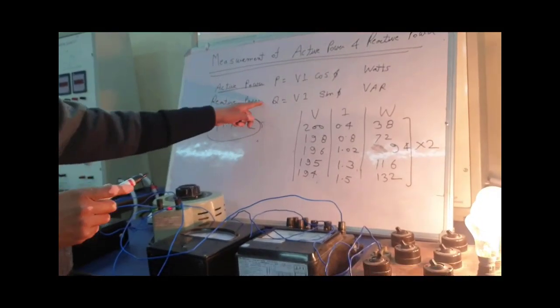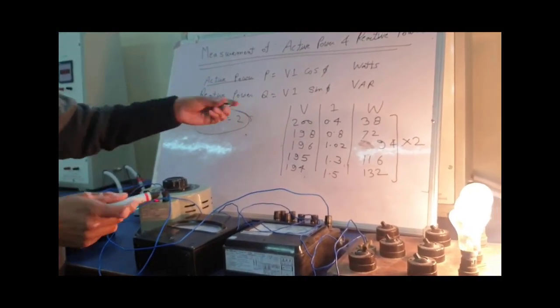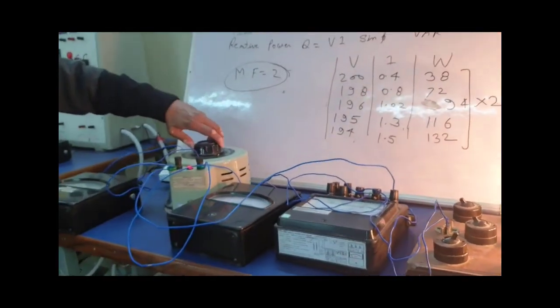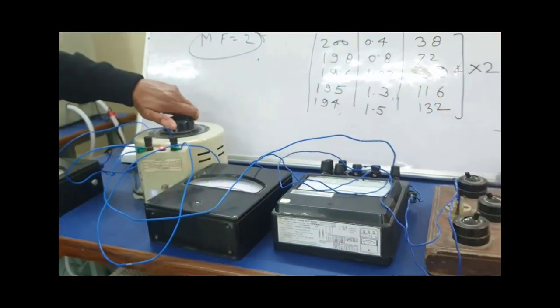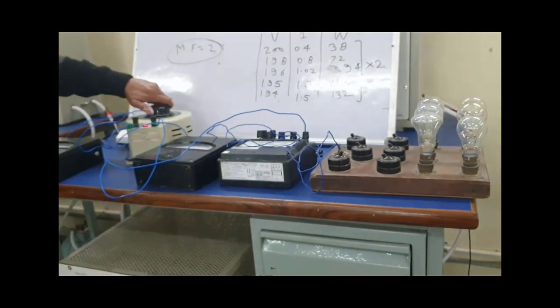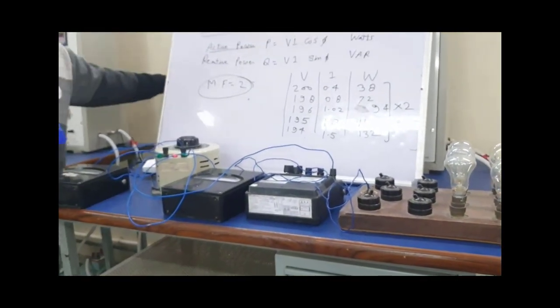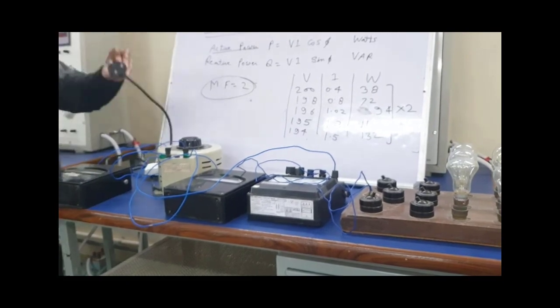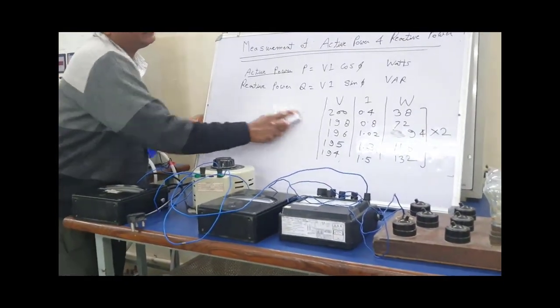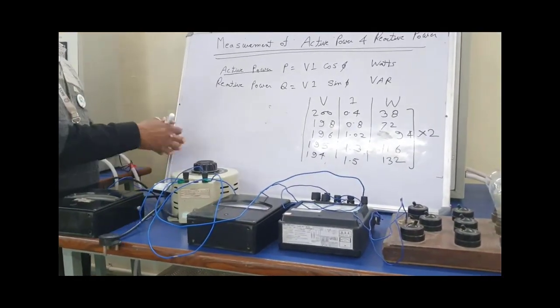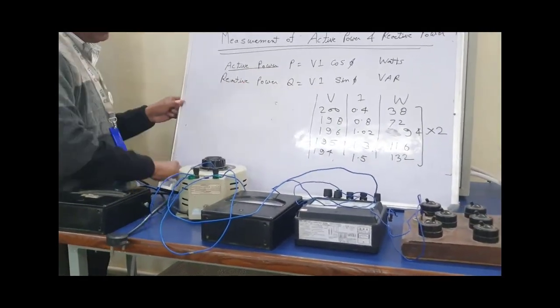The reactive power you may calculate with the help of calculations. So we gradually decrease the voltage one by one, and the next part is how to measure the reactive power. The reactive power is the calculation part. You know the power expression P equals VI cos phi.